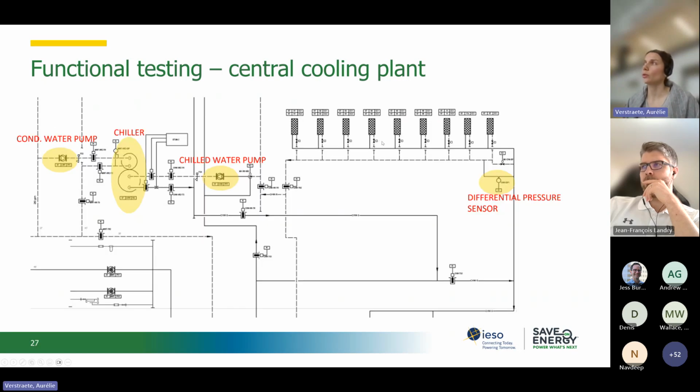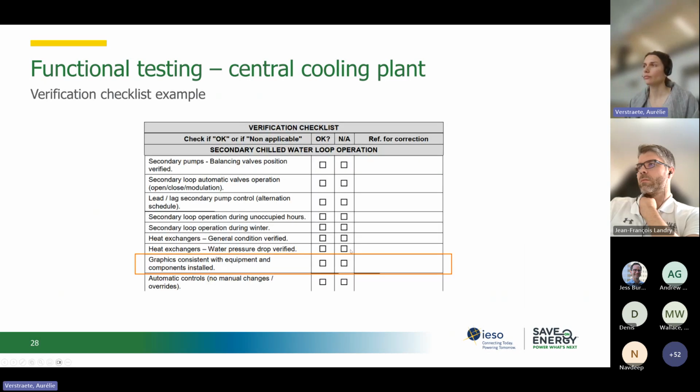Here is a control diagram example. For functional testing, you will want to see the condensing water pump, a chiller, chilled water pump, and here the differential pressure sensor at the end of the secondary loop. Again, a verification checklist.